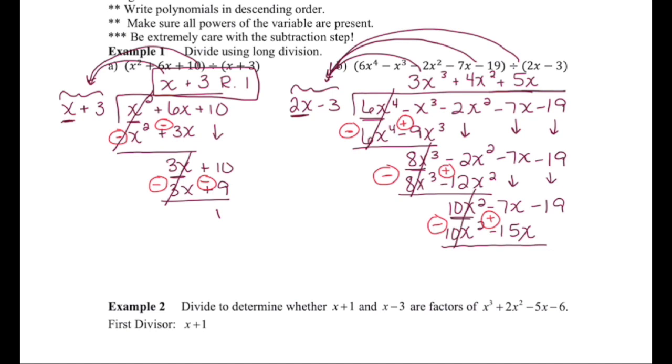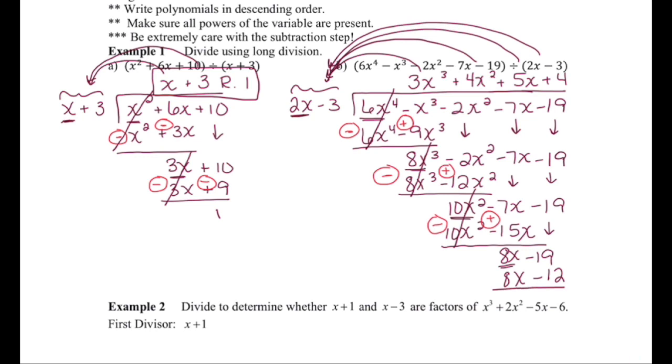Our 10x squares cancel, and negative 7x plus 15x gives us 8x minus 19. And another time, we got to keep going. 2x times what gives us 8x? 2x times a positive 4 would give us 8x, and when we multiply that by everything on the left, we'll have 8x minus 12.